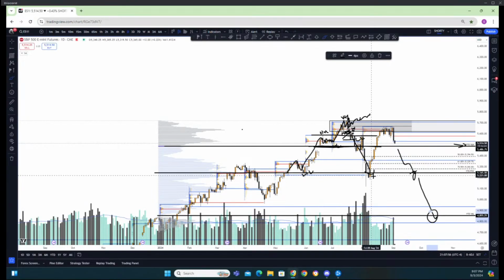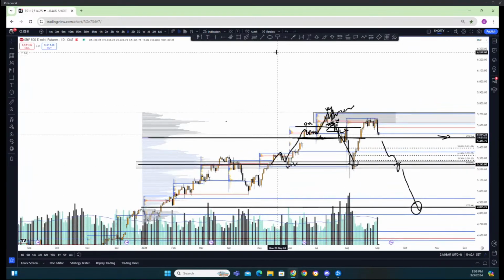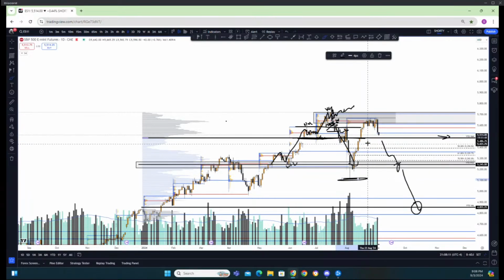A lot of people would be looking to buy in this area, but there's a high chance that we would actually put in a lower low here and continue the trend down. I'm not saying that's for sure, but if you have a lower high now, a clear swing high that's lower, and now you have a lower low, so hold on, you have a lower high and a lower low.